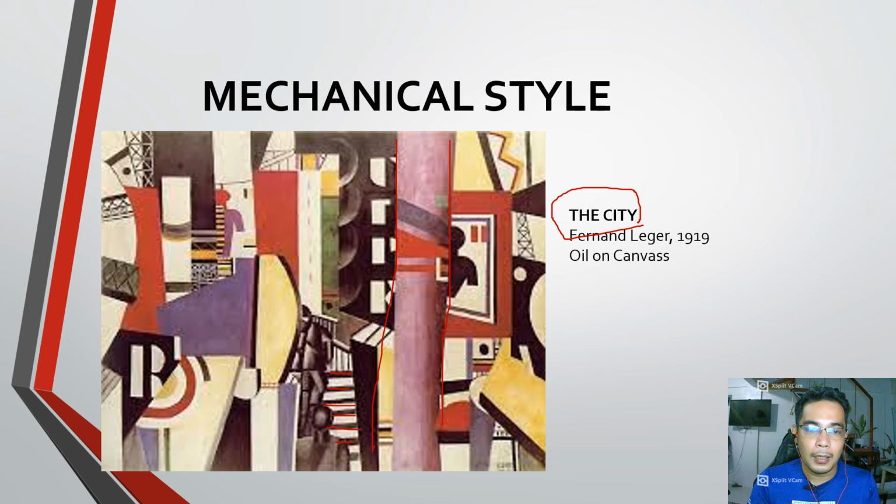Ano pa ba? Okay? Yun, tower. Ayun. Ay, tama. Tama nga siguro yung ginawa niya. Siyudad. Wait lang, ano pa bang makikita natin dito? Ito, tao siguro to. Hindi ko lang sigurado. Ito, malamang building yan. Okay? So, yun. So, merong specific na shape ang bawat element sa isang painting sa mechanical style.